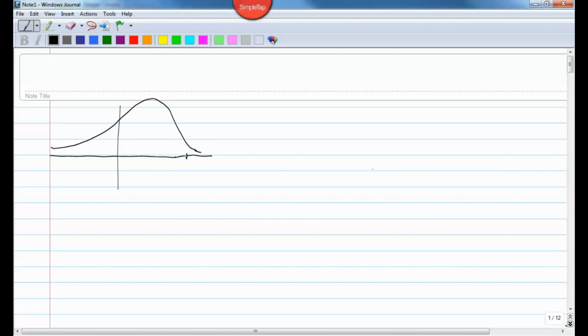I'm not going to have the same positive and negative value that will correspond to the same area, because we still want the same area on both sides, just like with the z distribution or the t distribution. This problem said that we wanted an 80% confidence level.